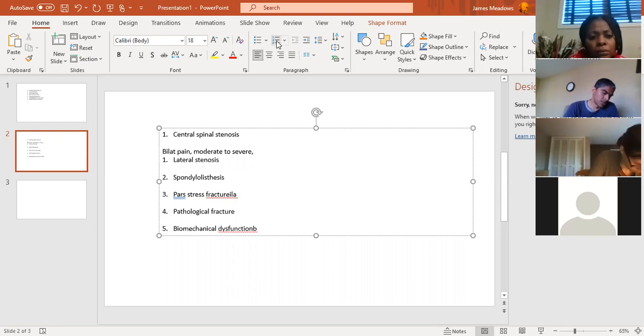Is that what you mean? Yes. Okay, so it's not necessarily positional. So extension positions and extension activities. So extension. Yeah. Anything else you want from the history?